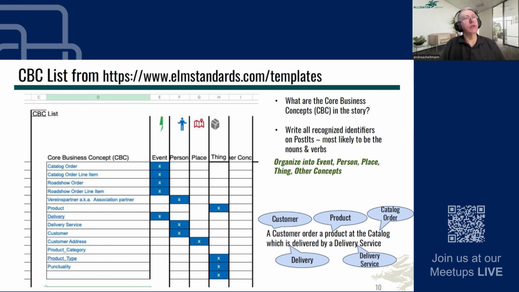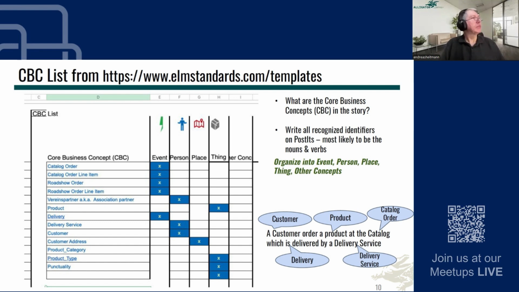CBCs, core business concepts. And then you can make some Excel sheet or some matrix here, writing down all the CBCs that the customer tells you, and then you can try to cluster them.